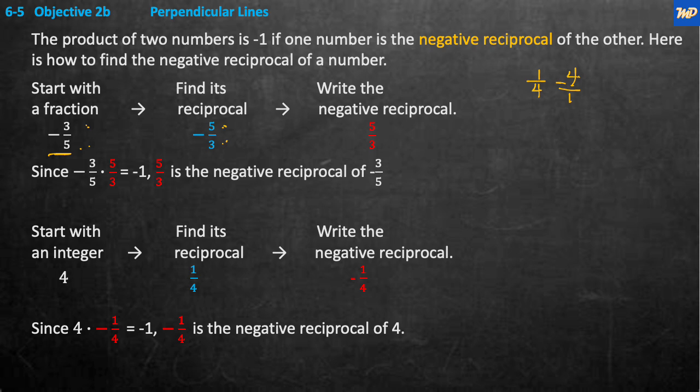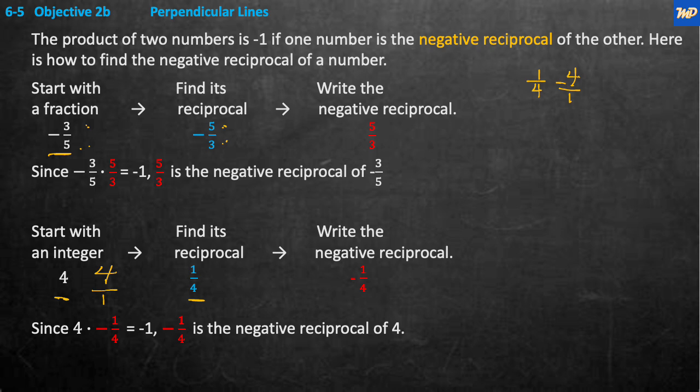Okay. Start with the integer. I used 4. They're using it here too. I guess I should have used another number. Start with an integer, 4. Find its reciprocal. Flip it over. Don't forget, 4 is 4 over 1. There's always an understood 1 in the denominator of a number like 4 or whatever. Okay? And then we flip it over and find its negative. So you just multiply whatever you have by -1.